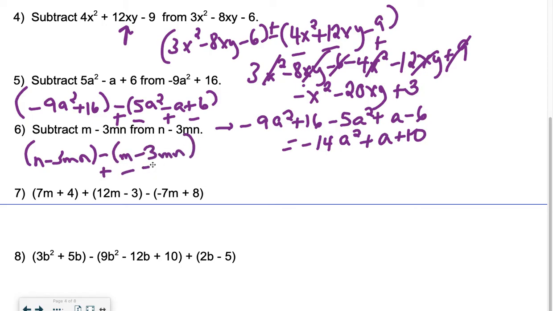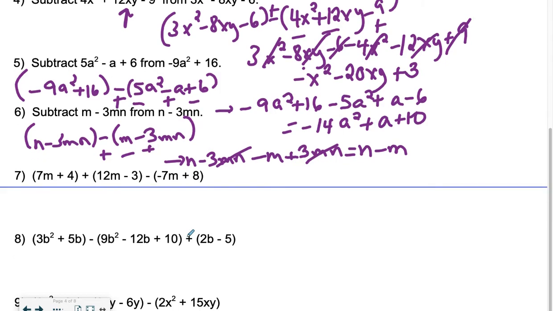So again, minus plus. So the new example is n minus 3mn minus m plus 3mn. So n, these combine to 0, minus m. The rest of these are pretty self-explanatory. So this will become plus, plus, minus.